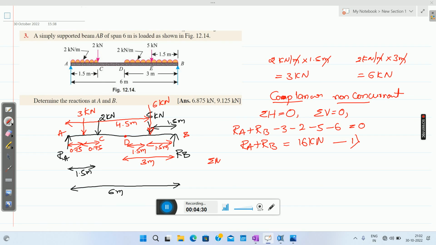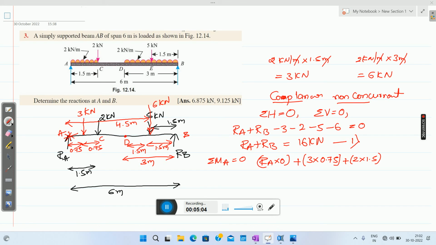Next use the condition sigma MA equals 0, which means taking moment of all the forces about point A. First force will be RA into 0. Next 3 kilonewton, it will rotate in clockwise direction, so plus 3 into 0.75. Next 2 kilonewton, also clockwise, so 2 into 1.5.